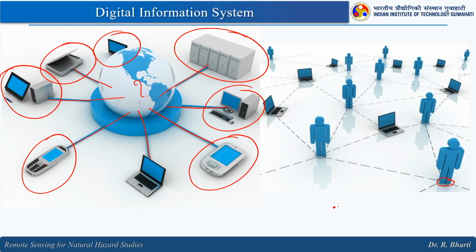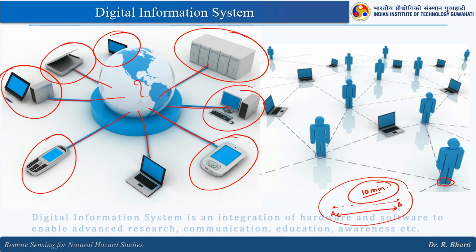If you want to reach from A to B, and since you have shared that you took 10 minutes to reach from A to B, the next person who searches will see that answer displayed, that you will take 10 minutes to reach A to B, with certain traffic, road condition and weather condition. So, I hope the information system and digital information system are both understood.